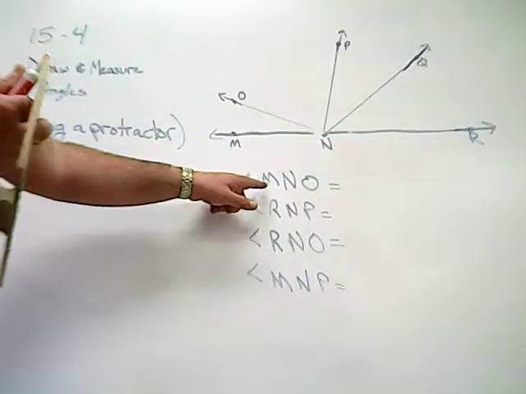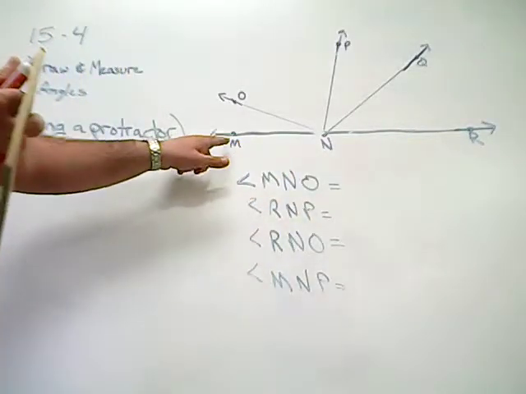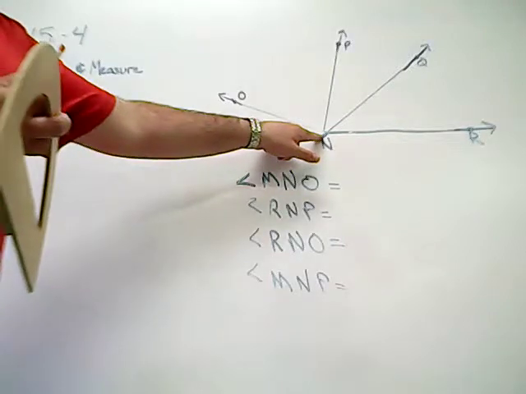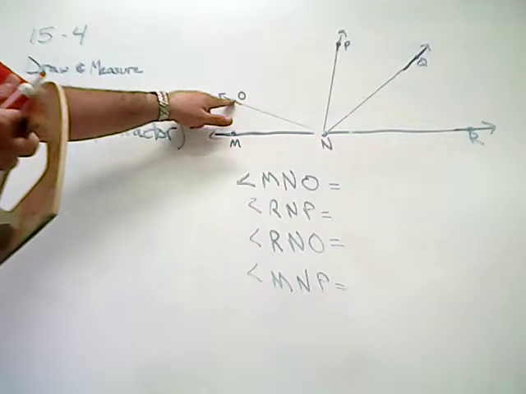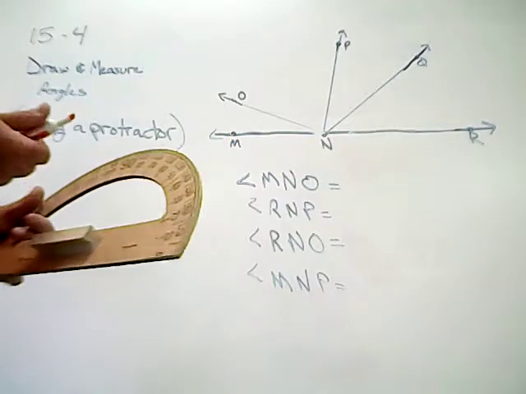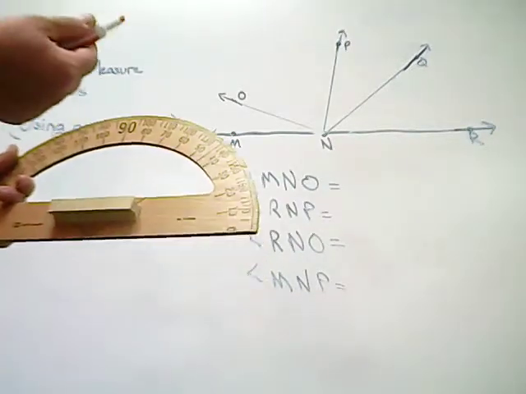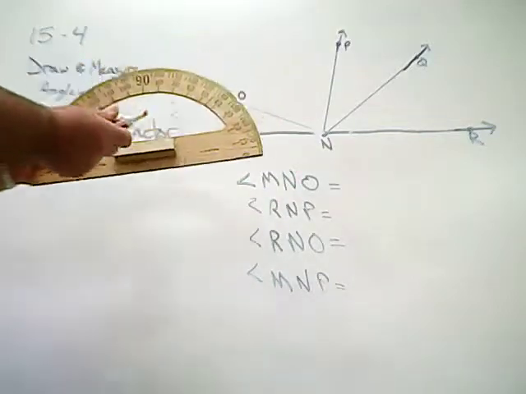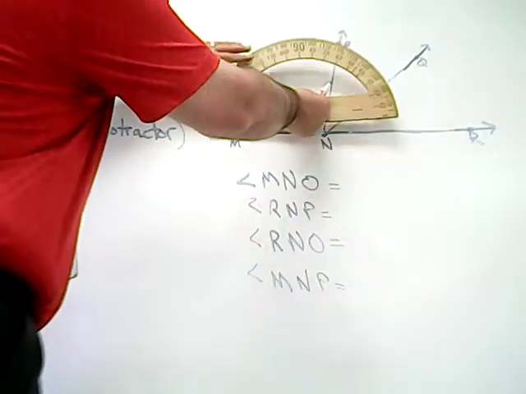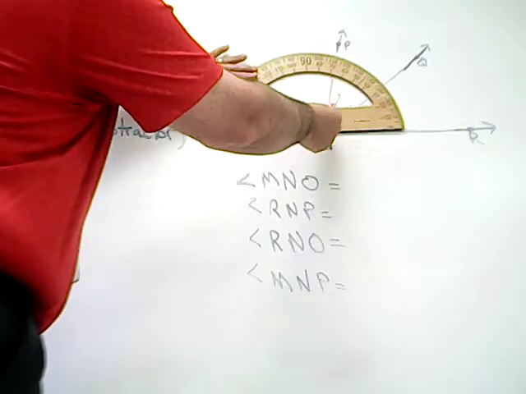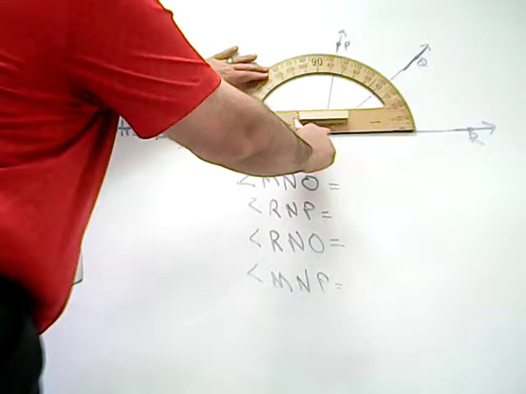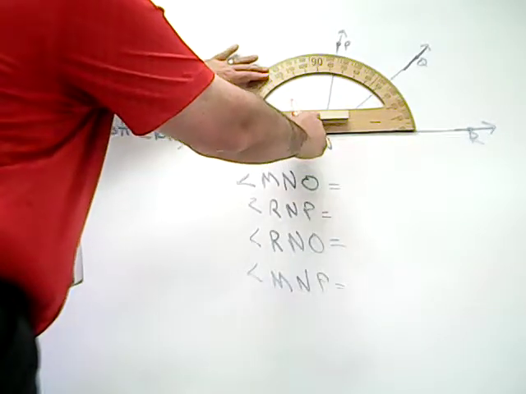I'm going to measure the angle MNO. Starts here, goes to the vertex, and continues here. I can tell by looking at that that's less than a 90-degree angle. It's less than a right angle, so I'm going to use the number on my protractor less than 90. Protractor goes on the bottom edge. My point goes right on my intersecting point here.